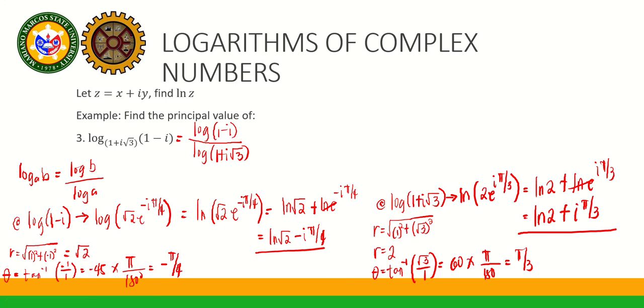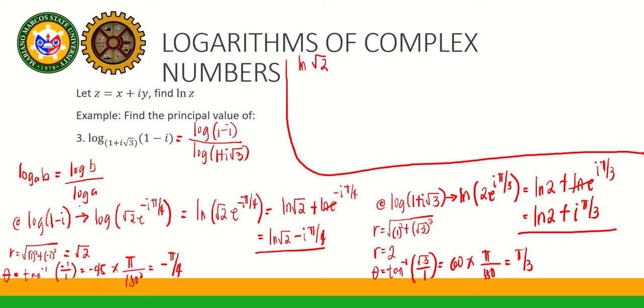So what we do next is to divide them. Okay? So, ln of square root of 2, since siya naman yung nasa taas, ln of square root of 2 minus i pi over 4 all over ln of 2 plus i pi over 3.